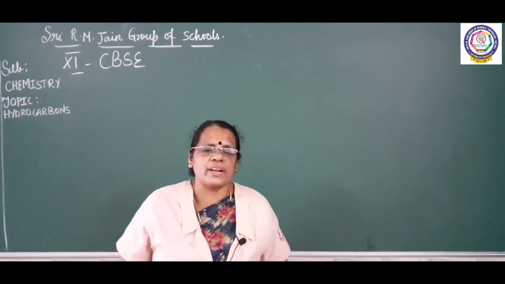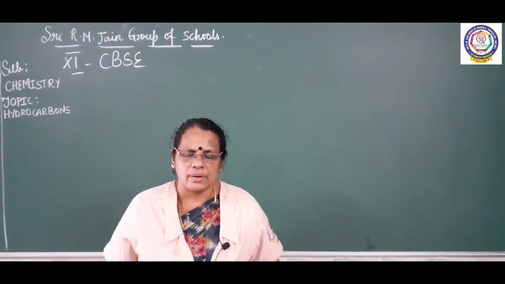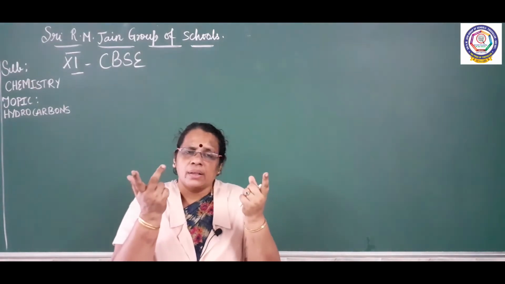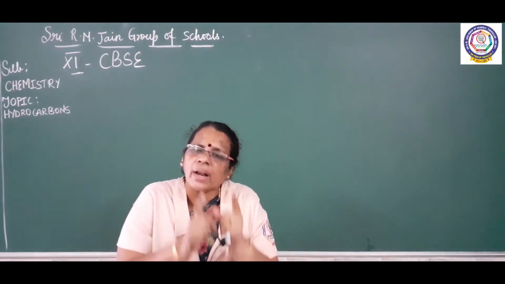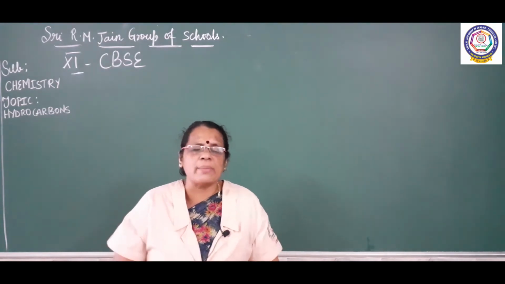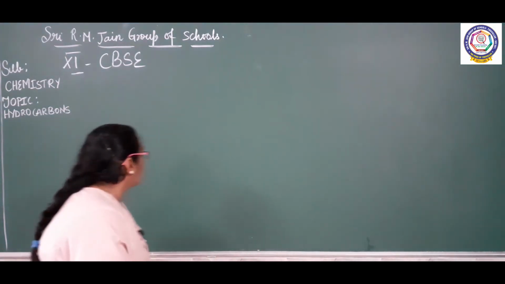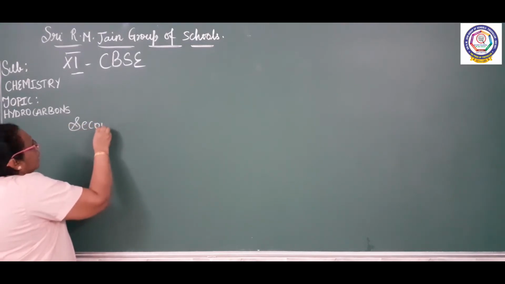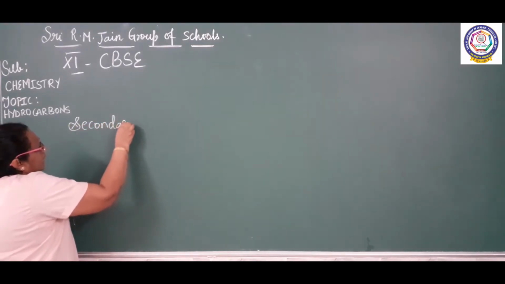Let us continue, children. First I told about the primary carbon: a carbon that has one carbon or no carbon. Now we are going to talk about secondary carbon. What is a secondary carbon? A carbon that has two carbon atoms attached.